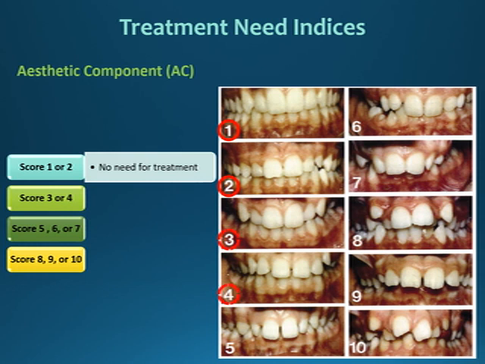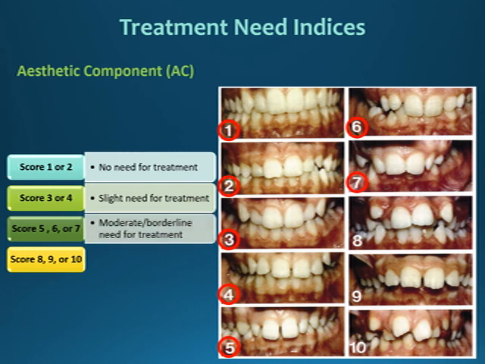If the patient has score 3 or 4, there is slight need for treatment. Patients with score 5 to 7, there is moderate or borderline need for treatment, while score 8, 9, and 10, there is a definite need for treatment.